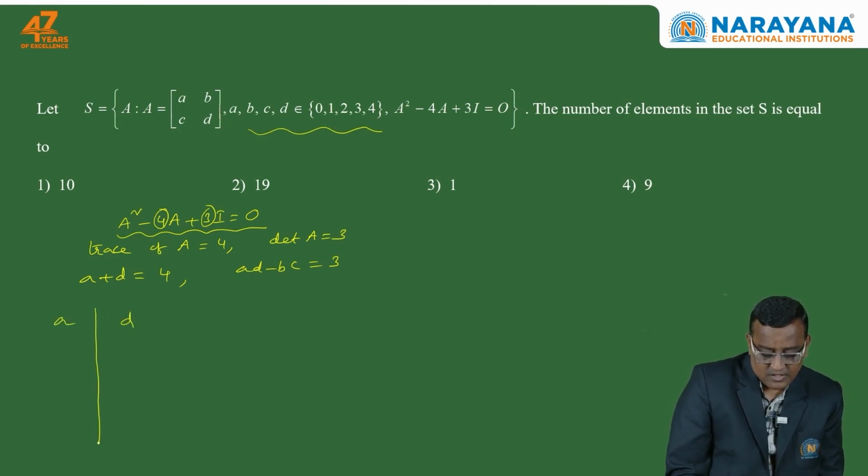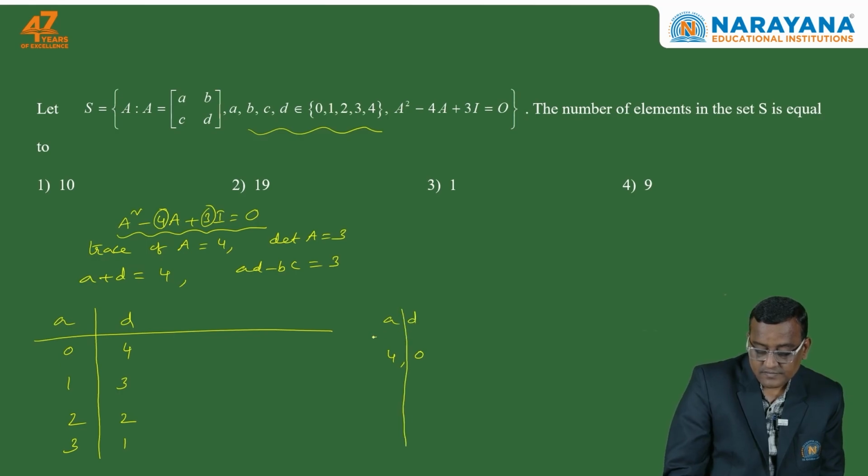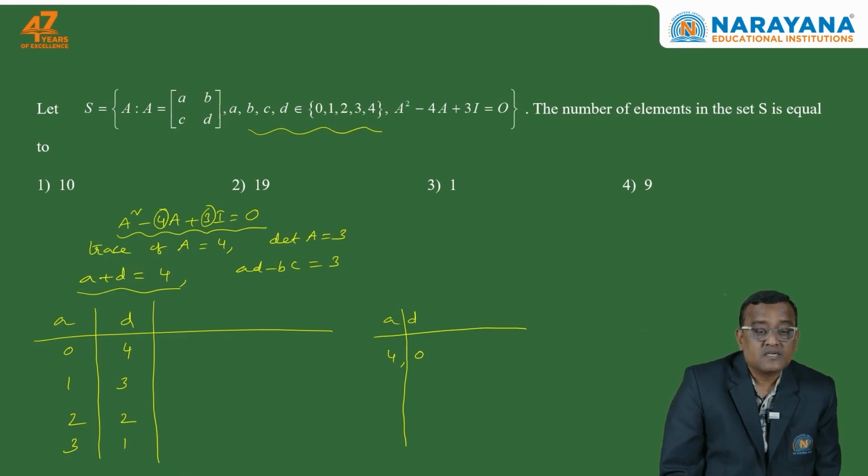So the possible (a, d), so that a plus d is 4, are (0, 4), (1, 3), (2, 2), (3, 1), (4, 0). Last possibility.